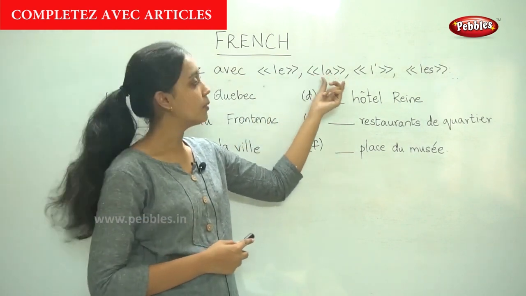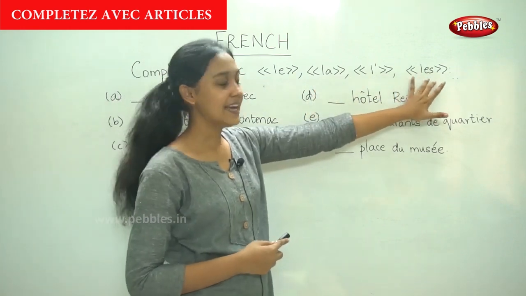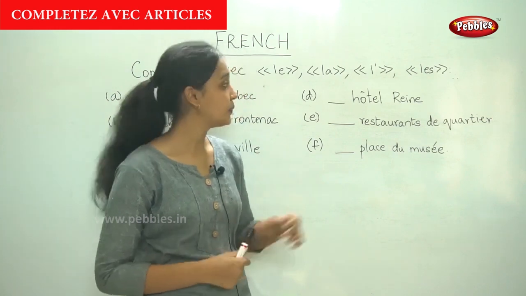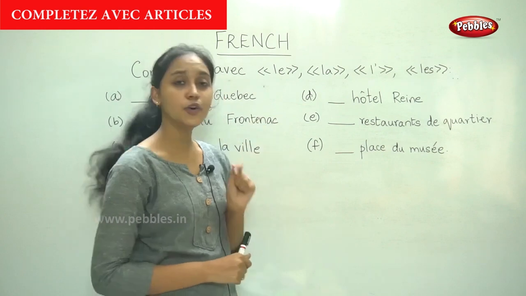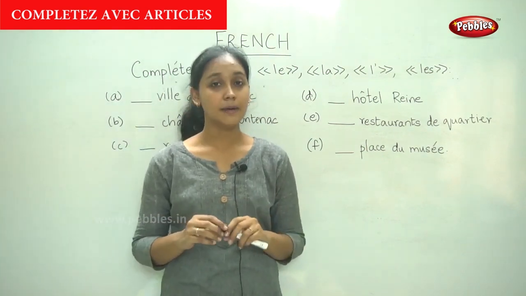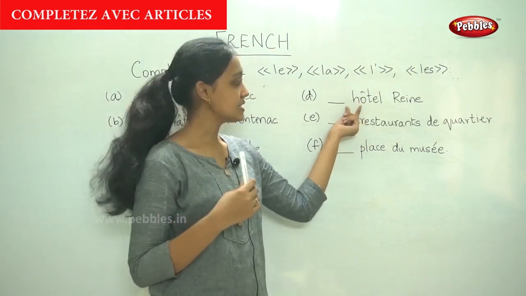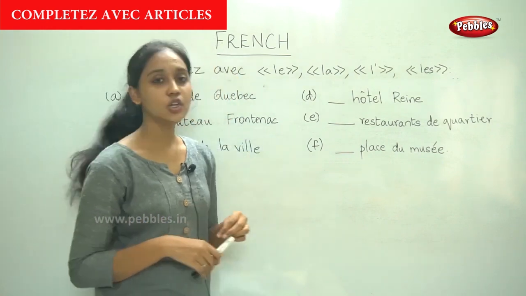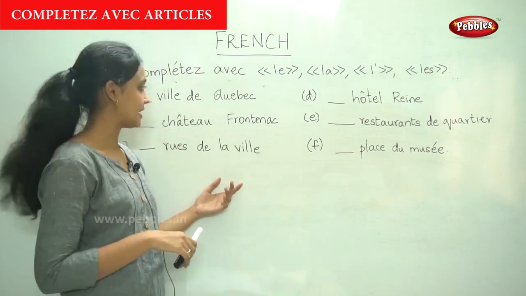La comes before a noun that is feminine. Les comes before a noun that is plural. L' comes before any noun, masculine or feminine, that starts with a vowel or a mute H. We will see more about that as we go through this exercise.